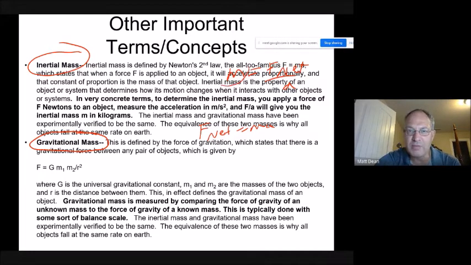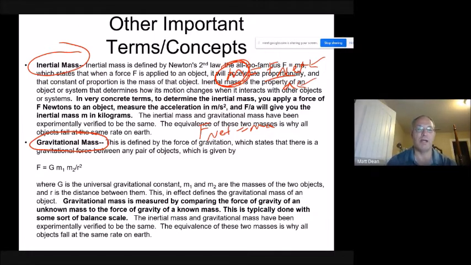If we have an object of unknown mass, apply a known force, and measure an acceleration, we divide the known force by the measured acceleration, and that will give us the object's inertial mass. So: apply a force to an unknown mass, measure its acceleration, and calculate m equals F net over a. That mass is your inertial mass.